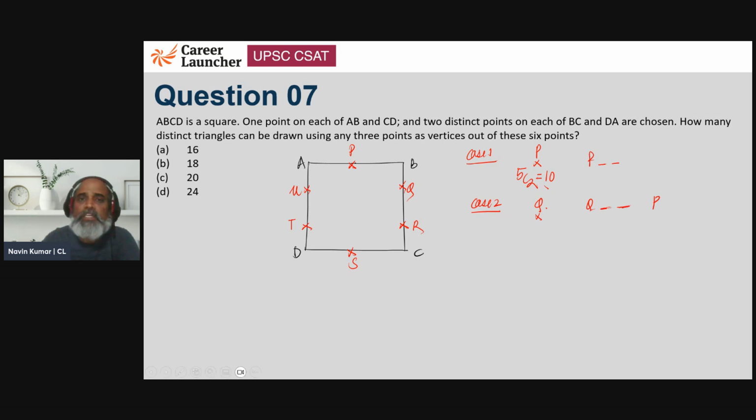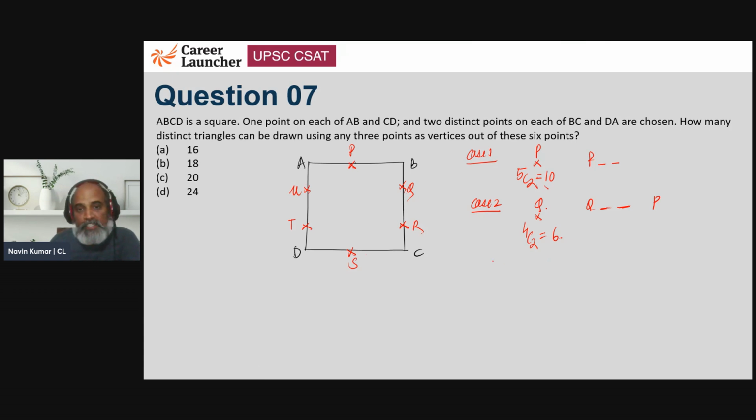As in, bina P ke, how many cases we are going to have if we pick Q? So I'm saying if we have Q, we will have 4 of them. So that's going to give us 4C2. 4C2 is 6. So we will have 6 such triangles. Now, any combination that we take from here, we will have definitely Q there. Upar wale mein P definite tha, right?